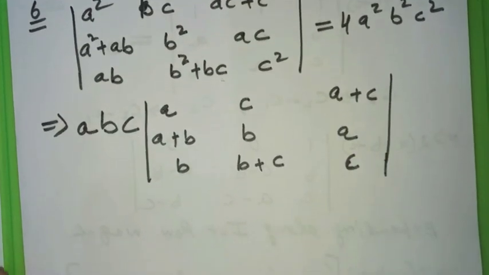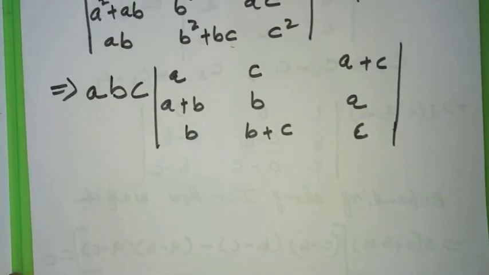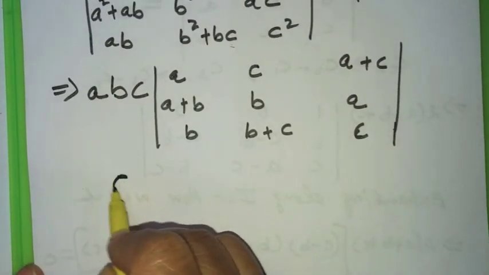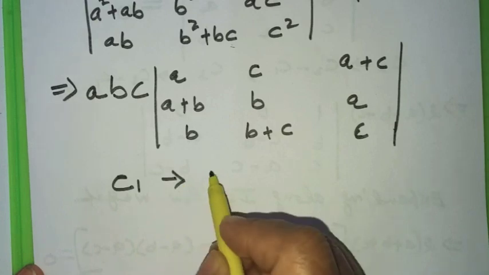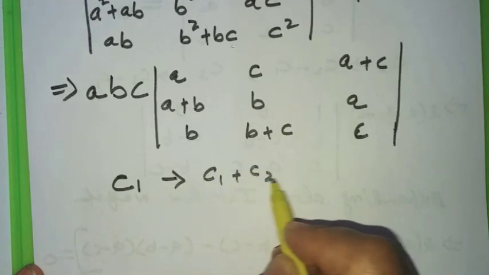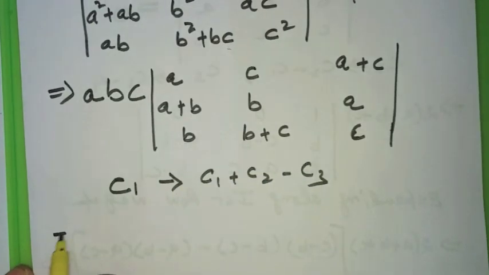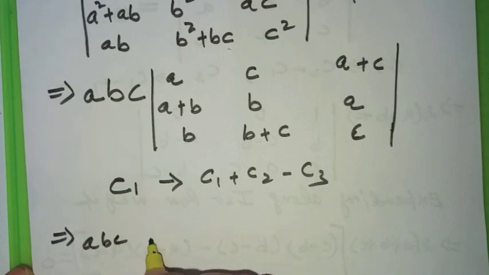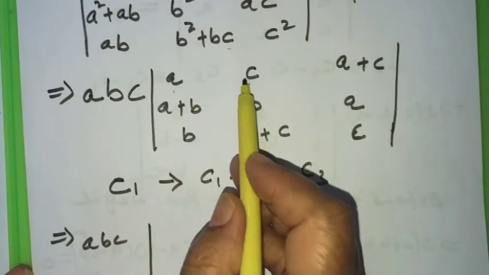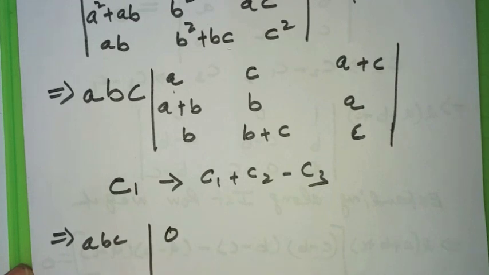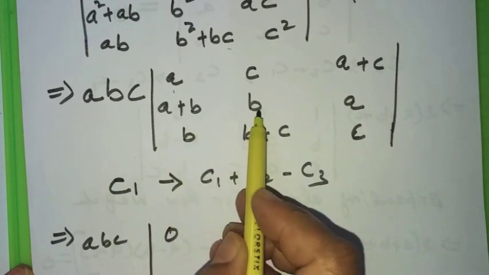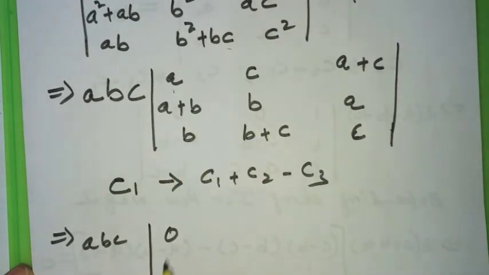So the next step in this determinant will be that C1 can be changed to C1 plus C2 minus C3. So this becomes a plus c minus a plus c, 0, a plus b, that is a plus b plus b minus a.